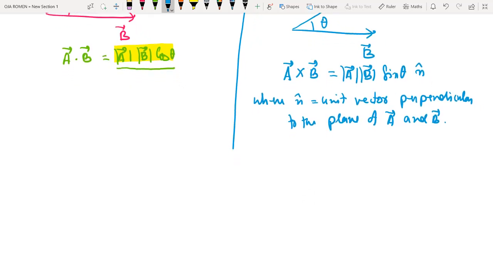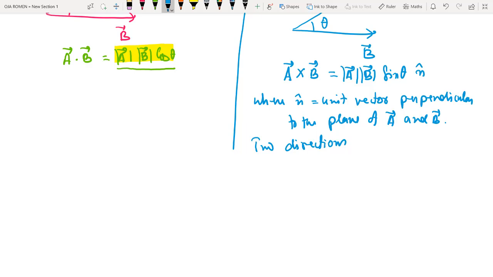There are two directions which are perpendicular to the plane of AB.